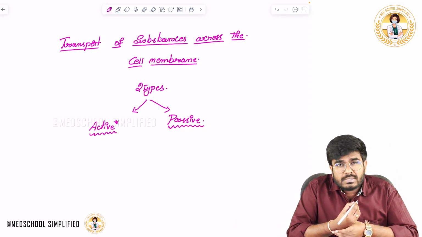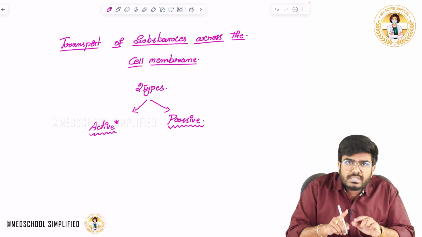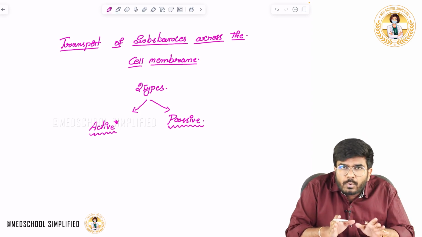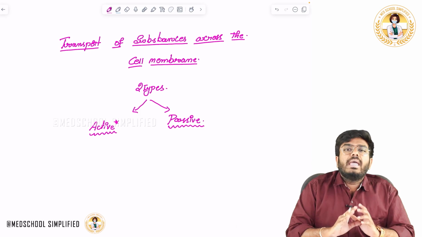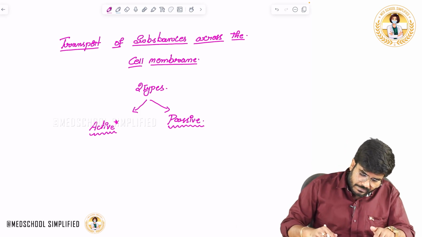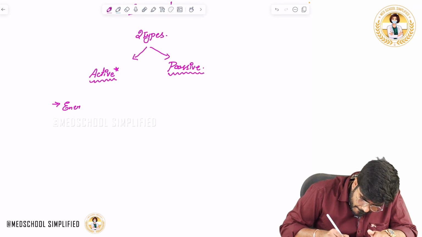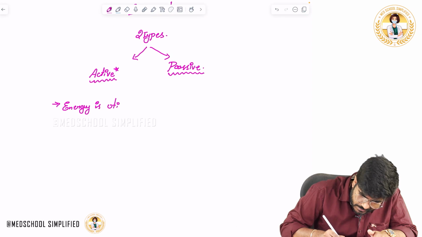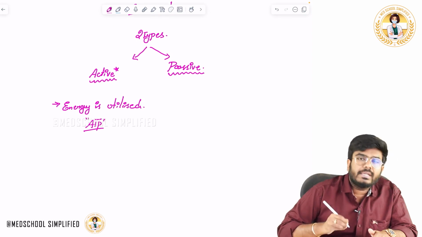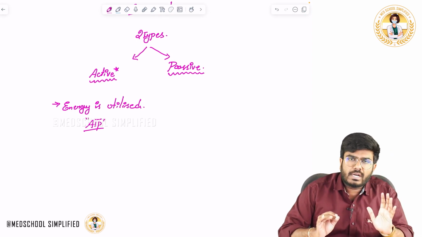Active transport means that in the transport of a substance, it can be any substance, energy is utilized. Energy is utilized in the form of ATP. ATP is involved in the transport of the substances.